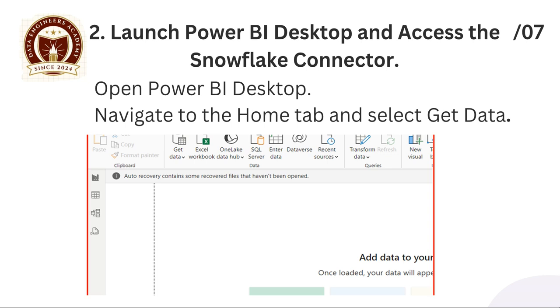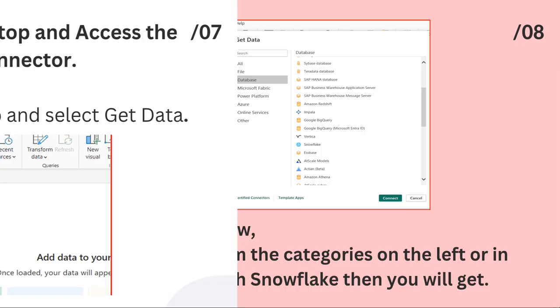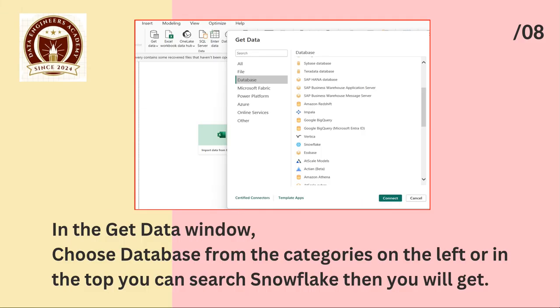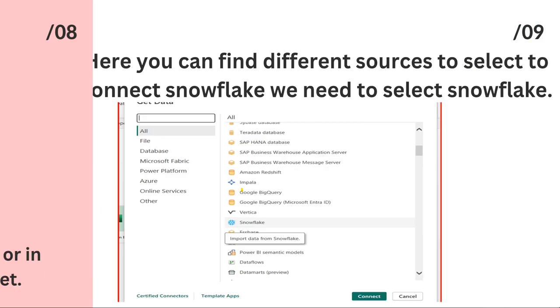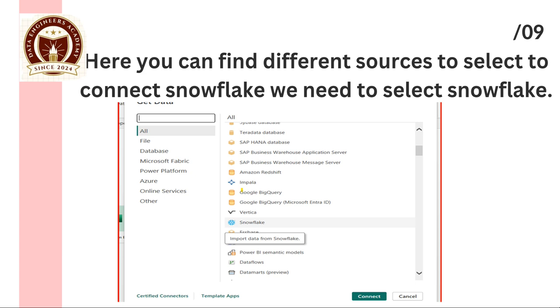Once you open it, in the Navigate menu you see Get Data, and select that. In the Get Data window, you see database, right? You just select database. After selecting database, you click on Snowflake, which is used to import data from Snowflake. So click on connect.